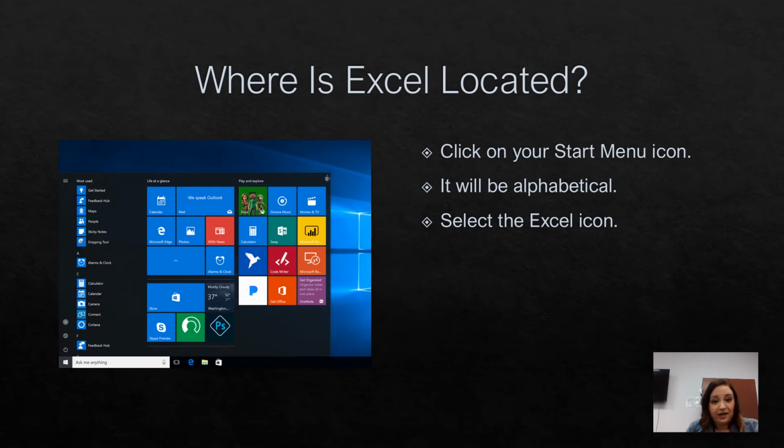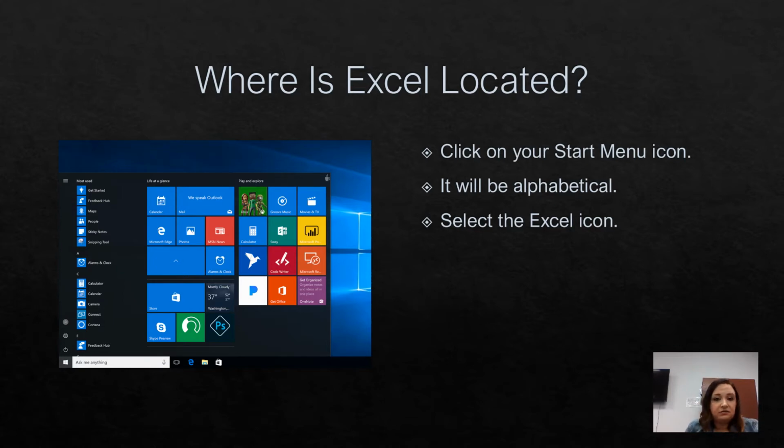Where is Excel located? When you go to the bottom left-hand corner of your screen, there's something called a Start menu. Your Start menu, depending on your operating system, could look like a small window, and that's for Windows 10 or above. And if you're using Windows 7, it's actually going to have the word Start. On that window, you'll click it with the left side of your mouse, and then you'll have this whole page window that opens.